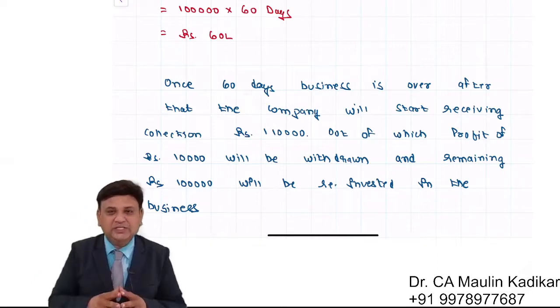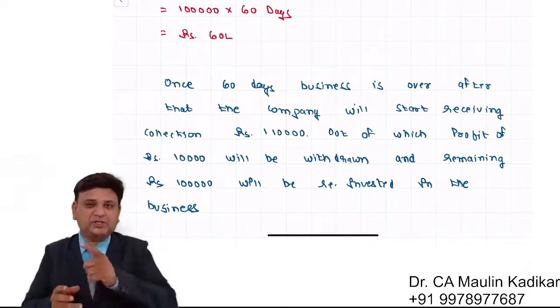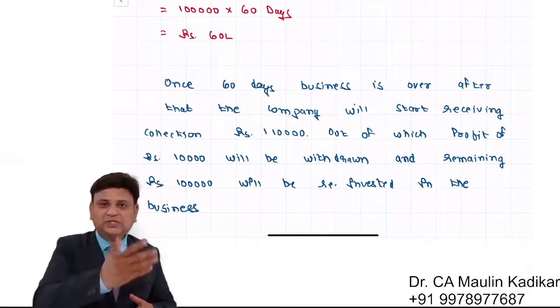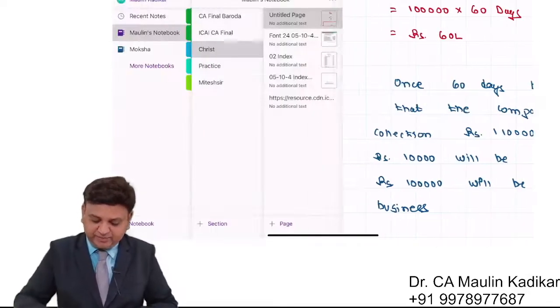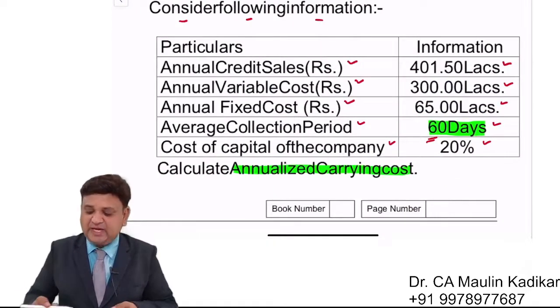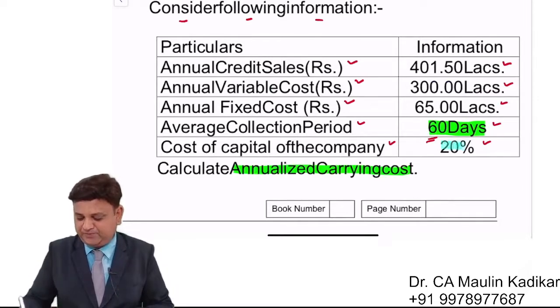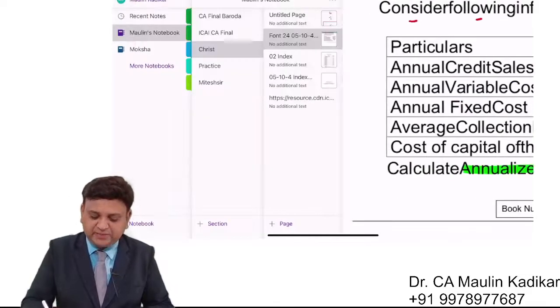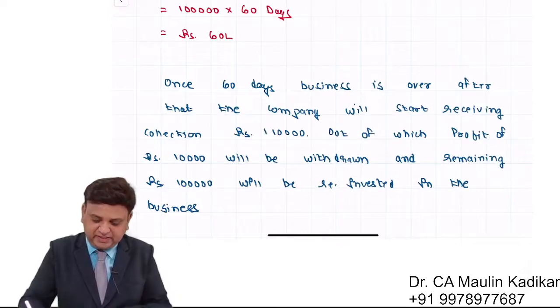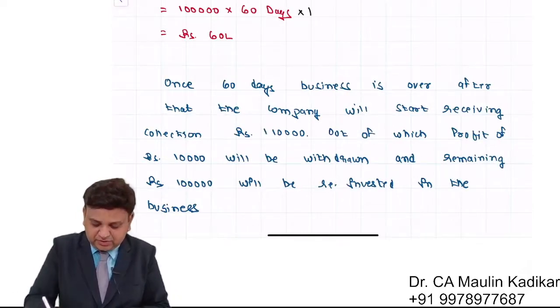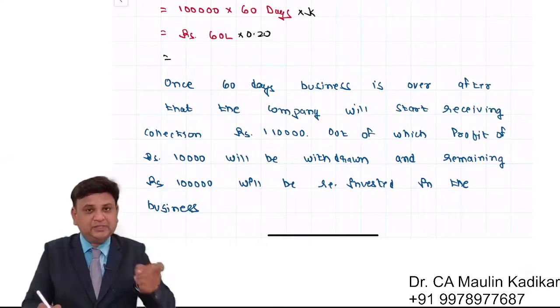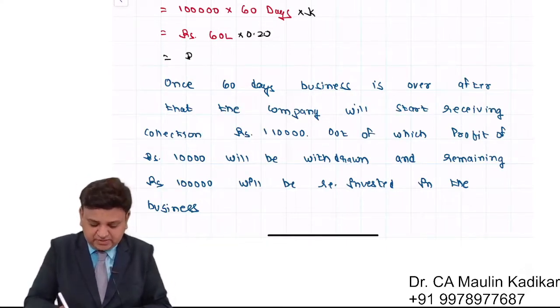Yes, the question is providing the information about the cost of capital of the company. What is the cost of capital? The cost of capital given to us in the question is 20 percent. So this 60 lakh rupees could have been invested somewhere else at the rate of 20 percent. So 20% of 60 lakhs is rupees 12 lakhs.